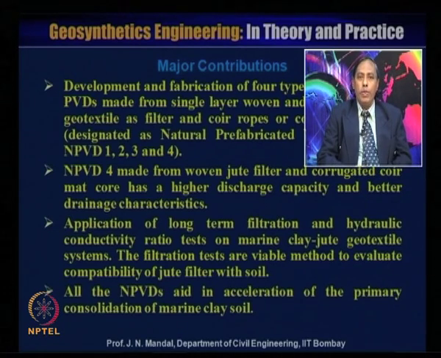NPVD4, made from the woven jute filter and corrugated coir mat core, has a high discharge capacity and better drainage characteristics. I say that discharge capacity is also very important.